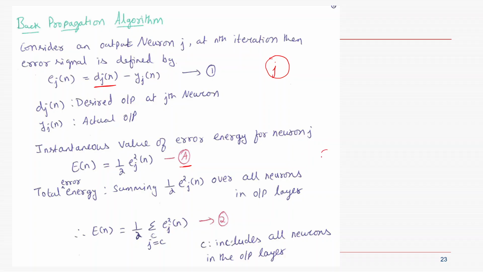That is, if we have two nodes in the output layer, then j is going to take the value 2. If there are 3 nodes in the output layer, then j is going to take the value 3. That is, it runs from 1 to 3. Therefore, E of n equal to 1 by 2 summation of all the errors, that is ej square of n, which includes all the nodes in the output layer.